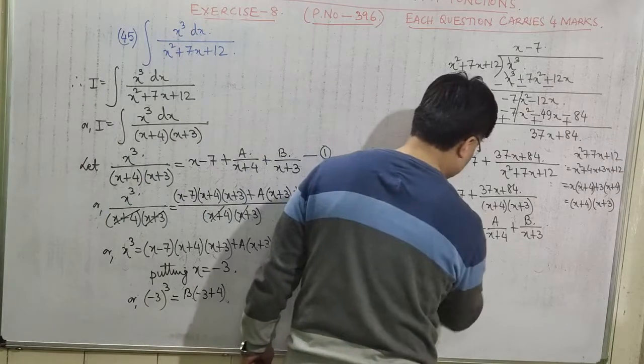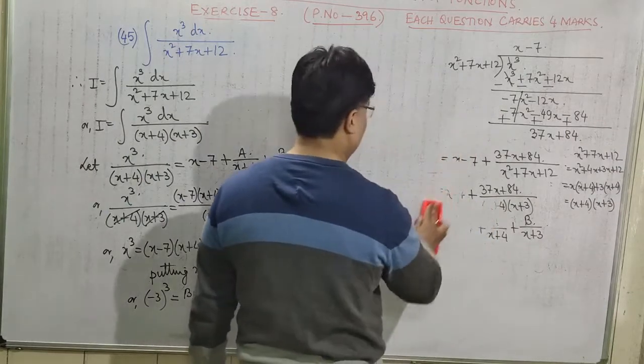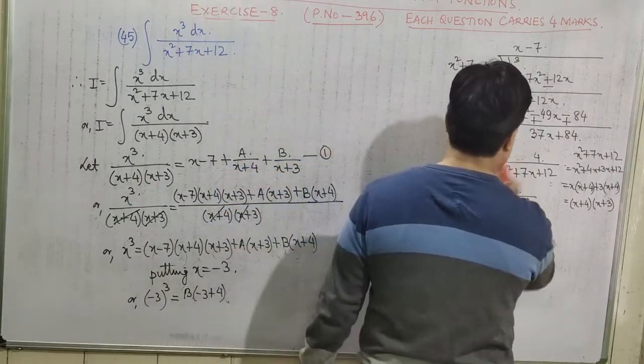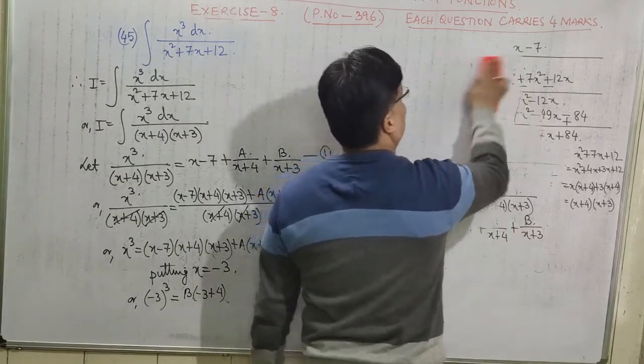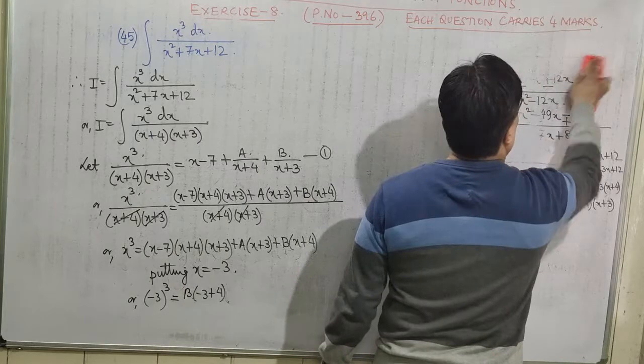So now next, you have to get the value for B from here. So let us find it now.